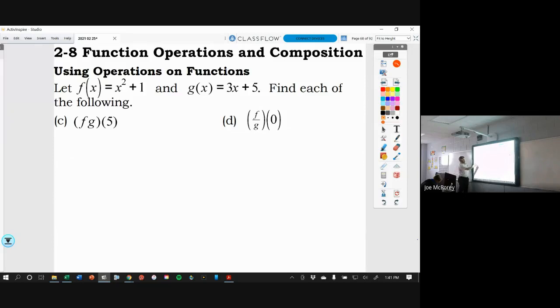Multiplying means f of 5 times g of 5. 5 squared plus 1 times 3 times 5 plus 5.